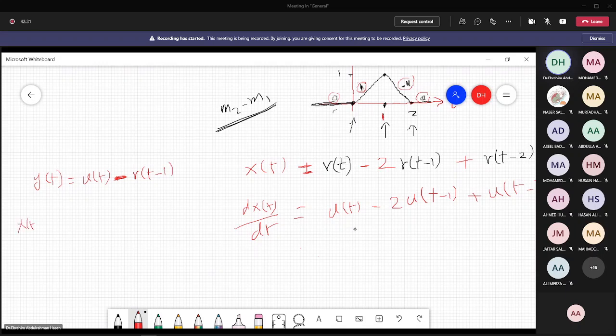And you want to find x of t plus y of t, then addition will be very easy. It is just u of t plus ramp of t. But here we have r of t minus 1, and here we have r of t minus 1, so then it will be equal to minus 3 r of t minus 1 plus r of t minus 2. The addition became easy.